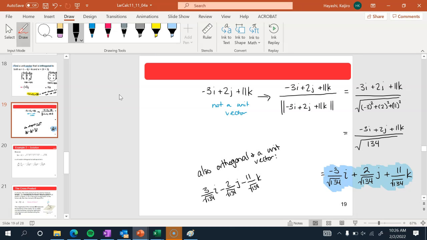Because that just goes in the complete opposite direction. But coming out in the opposite direction makes it still orthogonal, and it's still going to have a length of 1. So there are actually two answers to this. There are two vectors that are of length 1 and orthogonal to the two given vectors. So either one of these would have been fine.